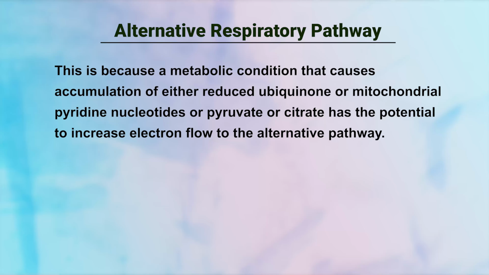This is because a metabolic condition that causes accumulation of either reduced ubiquinone or mitochondrial pyridine nucleotides or pyruvate or citrate has the potential to increase electron flow to the alternative pathway.